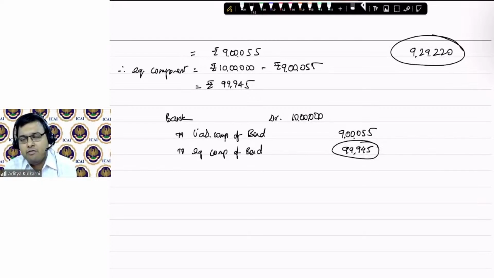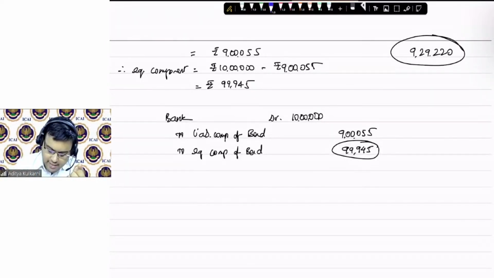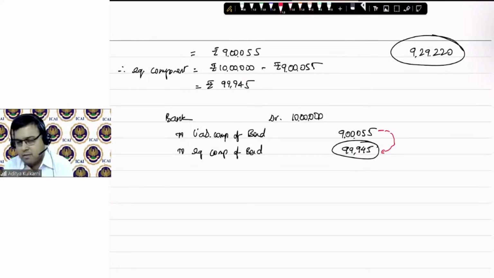Tomorrow, if interest rates go down, they will be at a loss, because the issuer can demand the bond back at any point of time, and they will have to give it. So to that extent the equity holders' stake or risk has gone higher, and that is why we are shifting 29,165 from here to the equity component. It is a very crude manner of saying it, but this is how you will treat it.